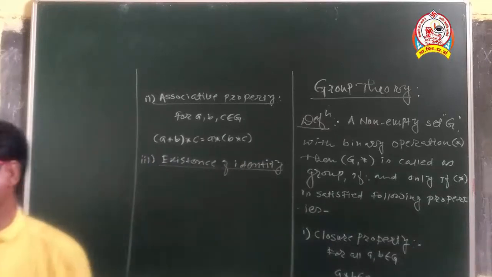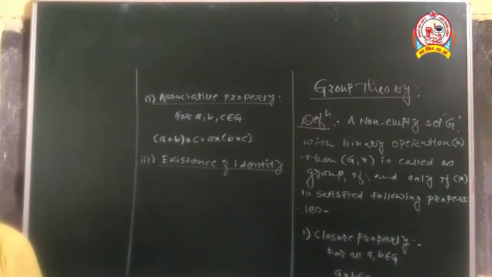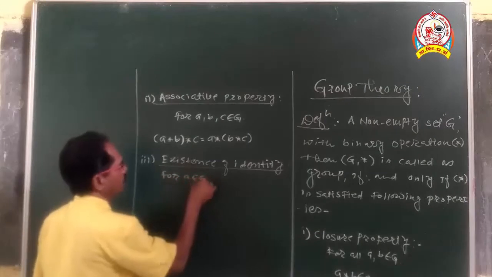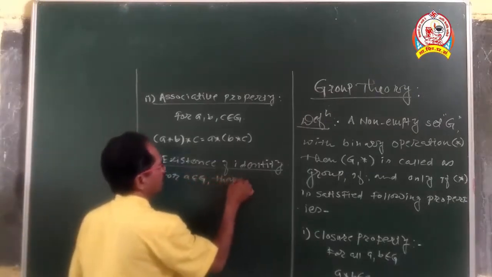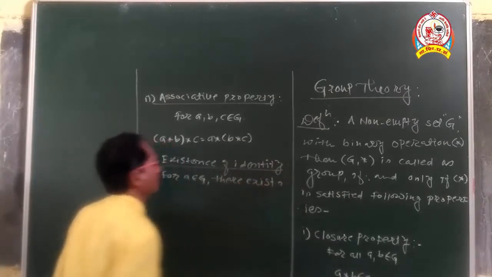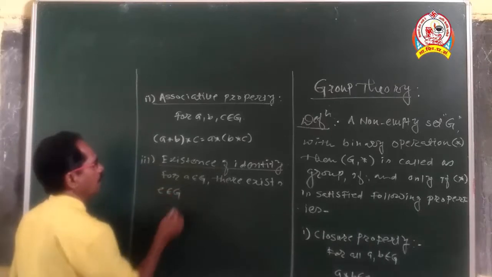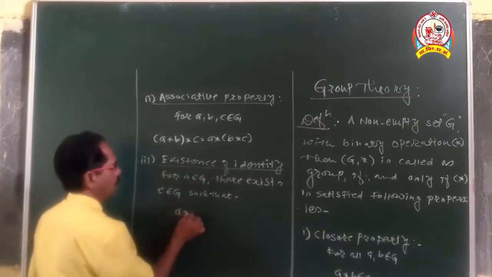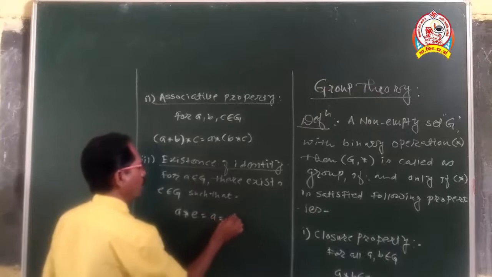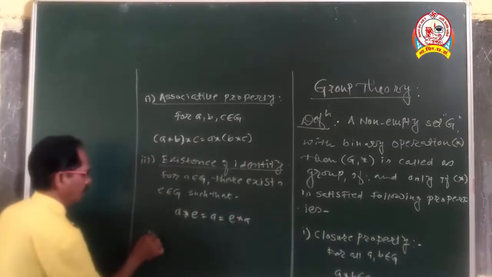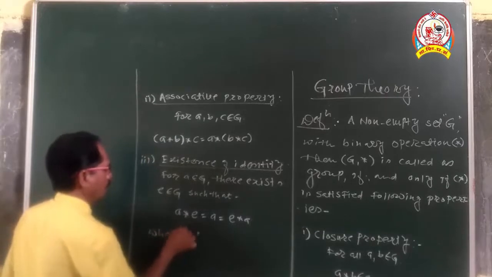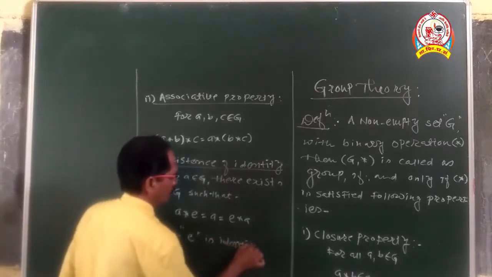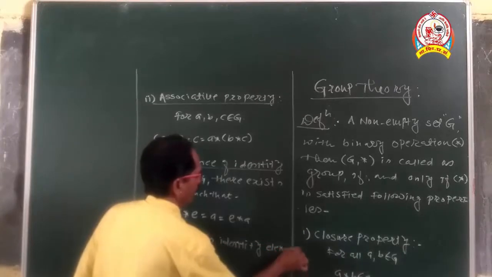For a belongs to G, there exists an element e belongs to G such that a star e is equal to a is equal to e star a, where e is the identity element.